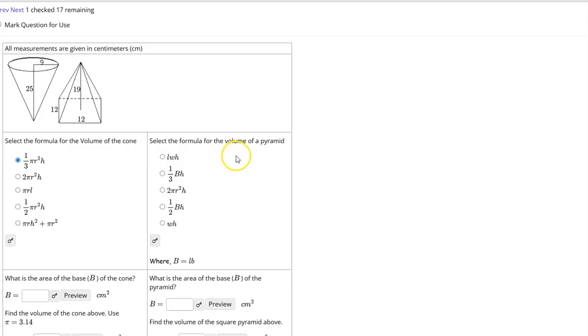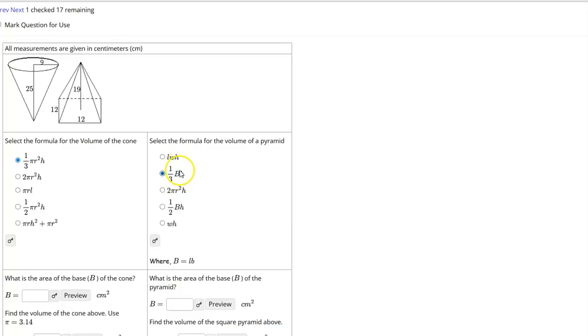For the pyramid, the volume is going to be 1/3 again, and we multiply by the base area, which is B here. This area is B, and the height is the height of the pyramid. So every time, you multiply by the area of the base to find the volume.